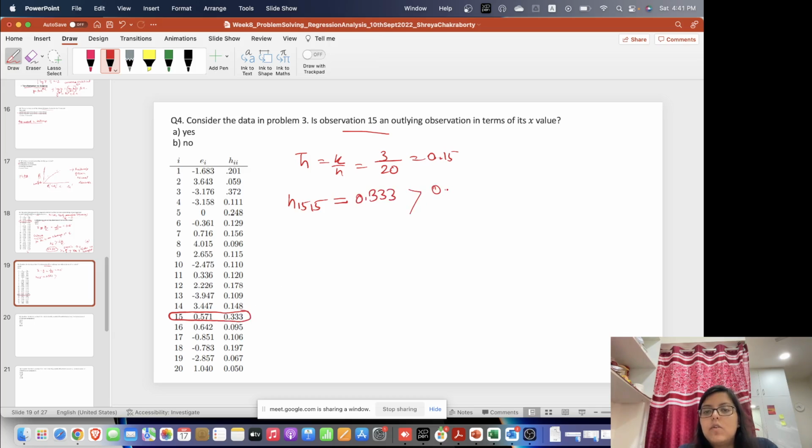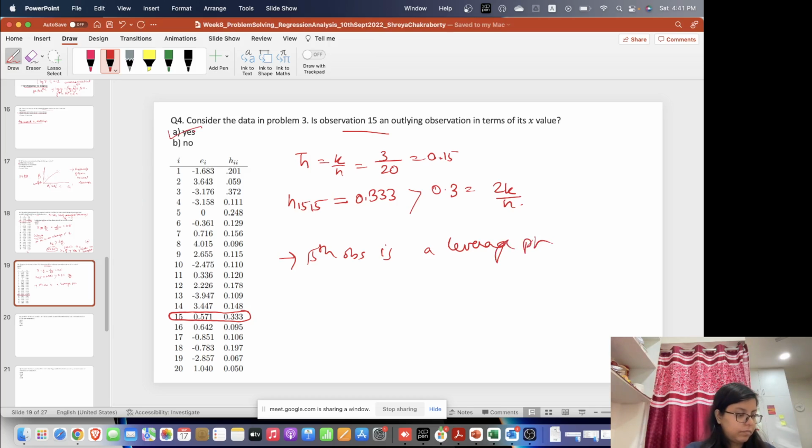Which is greater than 0.3, that is 2k by n. So the 15th observation is a leverage point. Okay, so we'll quickly move on to the next one.